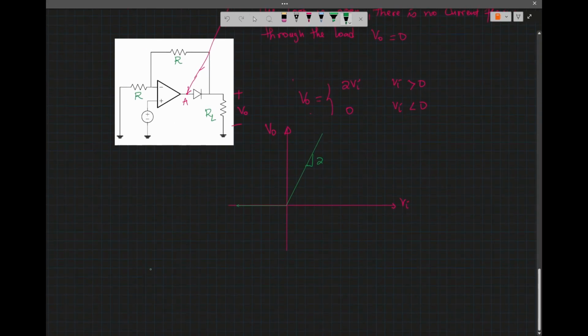So to recap, when the diode is on, V0 equal to 2Vi, the condition is that Vi is positive, and VA is equal to VD on plus V0, which is VD on plus 2Vi.